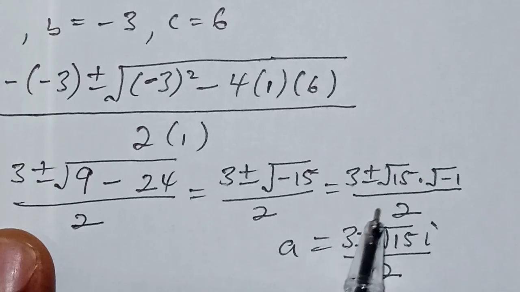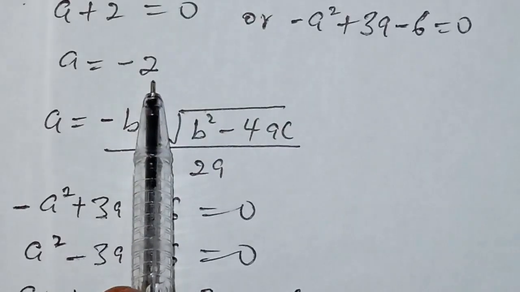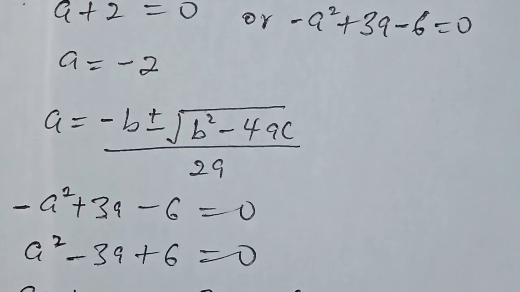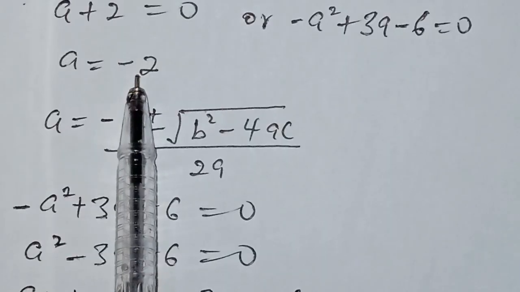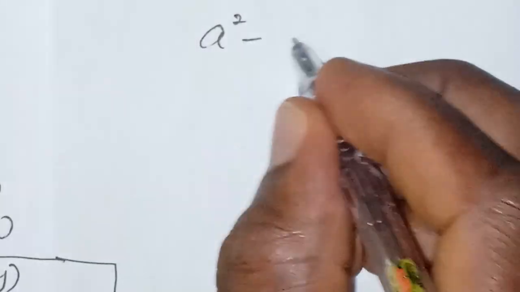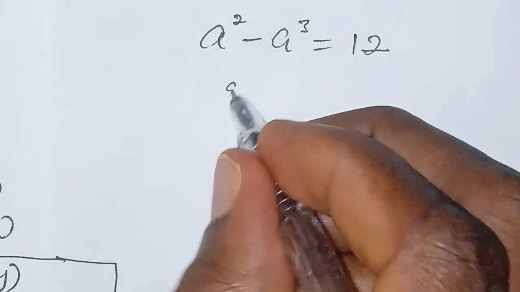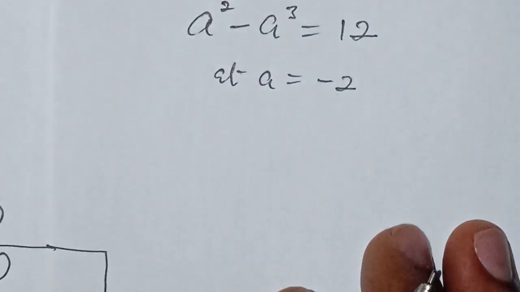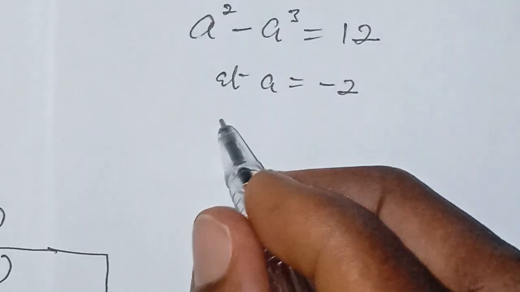So we consider the first value of a, which is a equals minus 2. From here we need to check the correctness of a equal to minus 2 in our previous question. Our question is a raised to power 2 minus a raised to power 3 equal to 12. So at a equal to minus 2, does our a satisfy the equation?